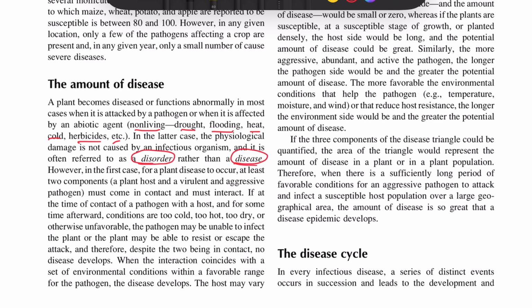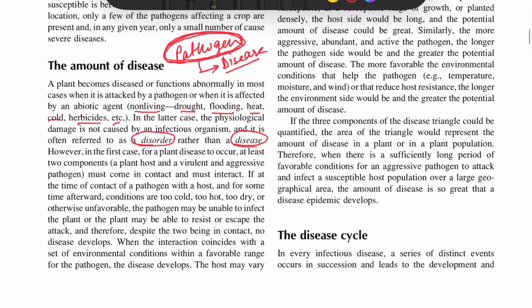Now, from the start, we are talking about pathogens and disease. So when there is involvement of a pathogen, the symptoms that we observe will be termed as disease. Disease is caused by any of the pathogenic agents, that can be fungi, viruses, bacteria, nematodes, protozoa, and so on.